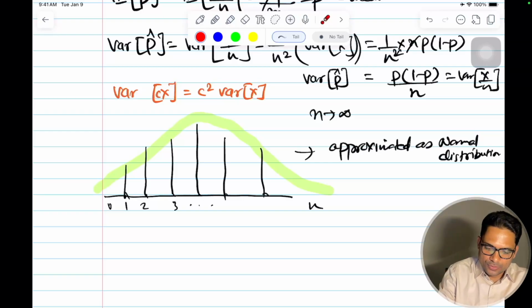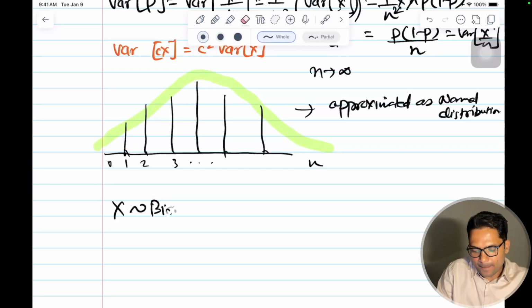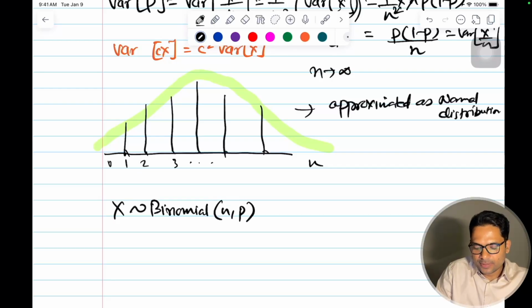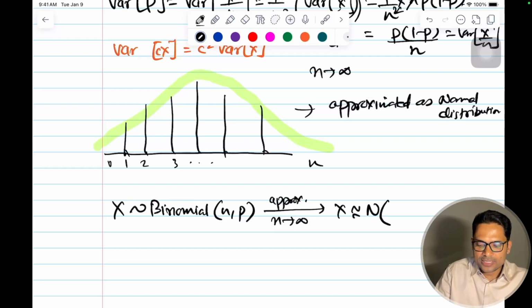So we can write it formally as: if X is a binomial with parameters n and p, then as n tends to infinity, for very large n, this X can be approximated as a normal distribution with mean np, whatever is its mean, and the variance as whatever is its variance.